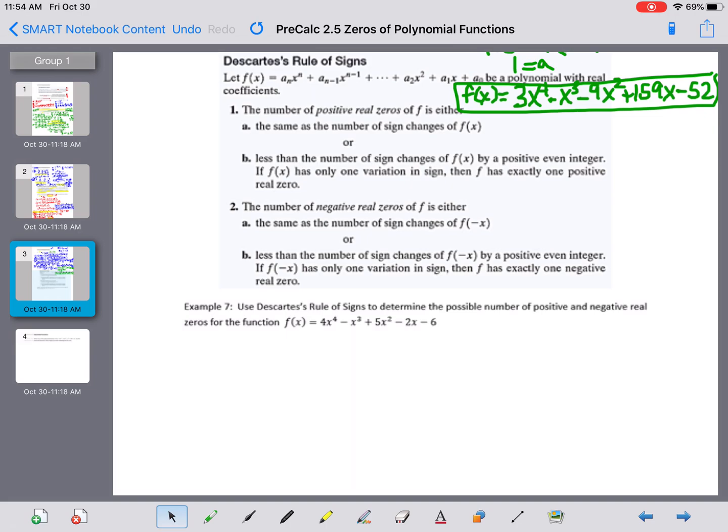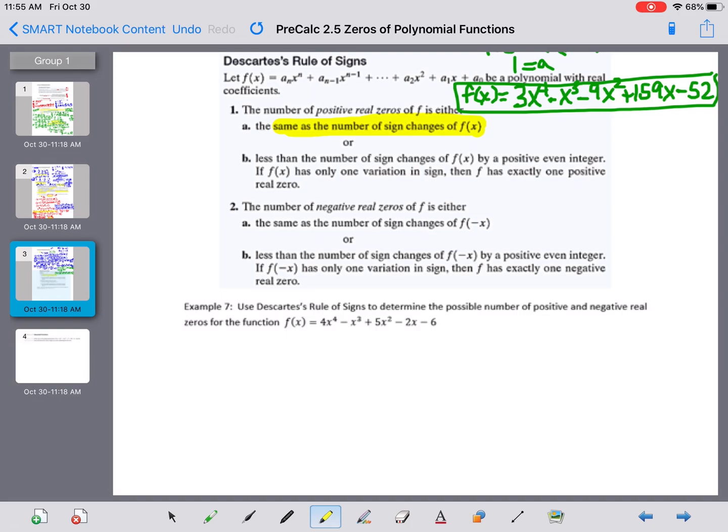So I'm just going to read through these. And again, this is something that I'll put here on the video, I'll put the examples, and there's a chance you might watch this little section a couple times to say, okay, is this sinking in yet? We're going to take a function, and we're going to count the number of sign changes on the function, just the function as it is.